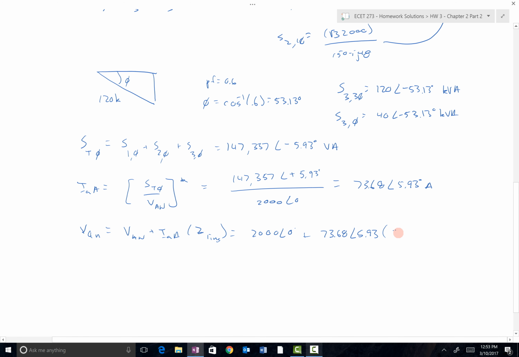I've lost that. 0.2 plus J1. And solving that gives you a phase voltage for phase A of 2008.44 volts at an angle of 2.13 degrees.